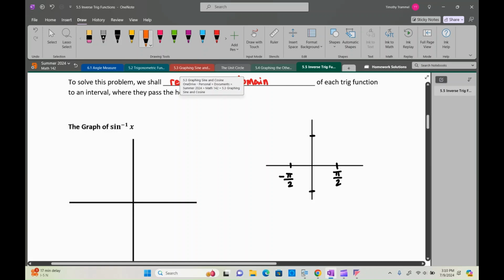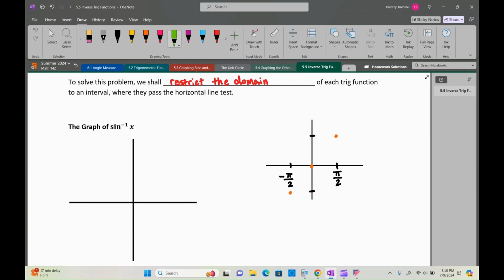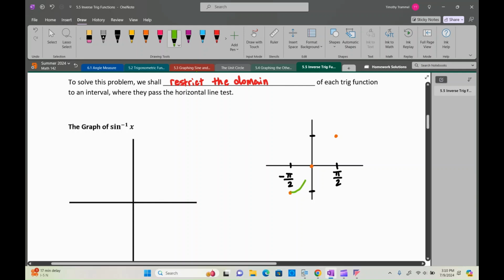we know sine is 0 at 0. We know at pi over 2 it's 1. And we know at minus pi over 2 it's minus 1. And so if we go ahead and make this now look like a sine curve, there we go.